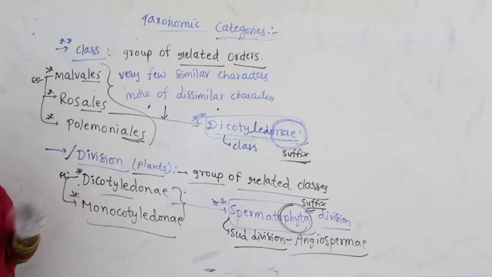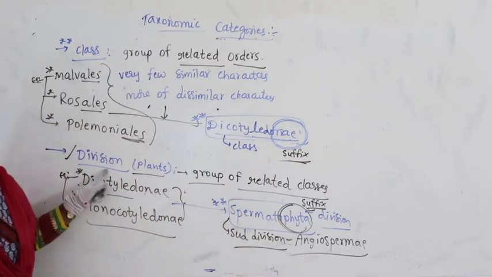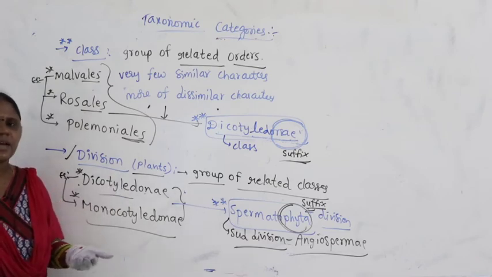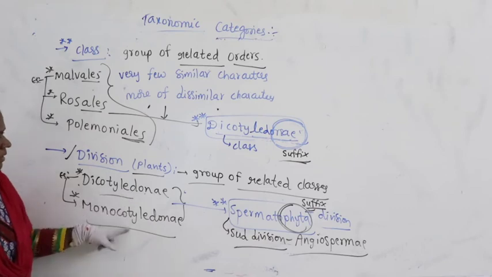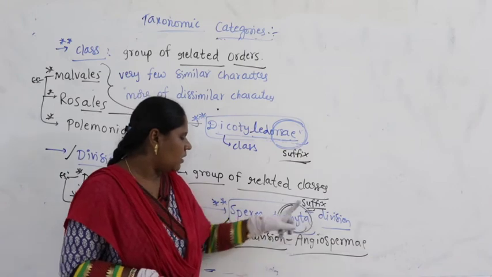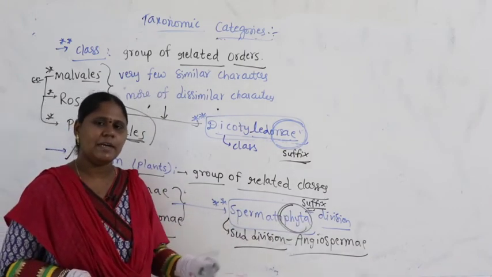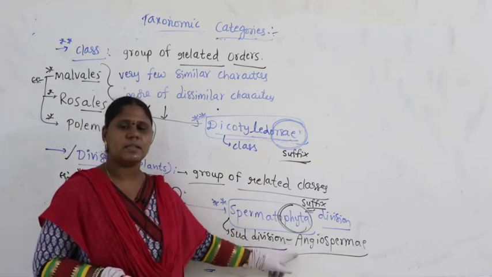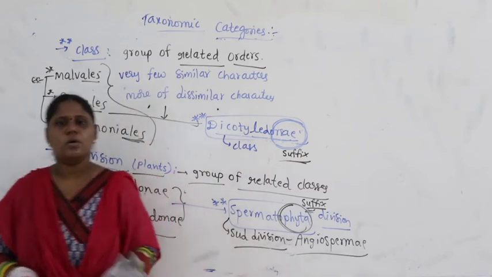Like that we have different divisions. But remember, dicotyledonae and monocotyledonae belong to Spermatophyta, which ends with the suffix phyta. Whenever the question asks which subdivision they belong to, you have to choose the option Angiospermae, not Spermatophyta.